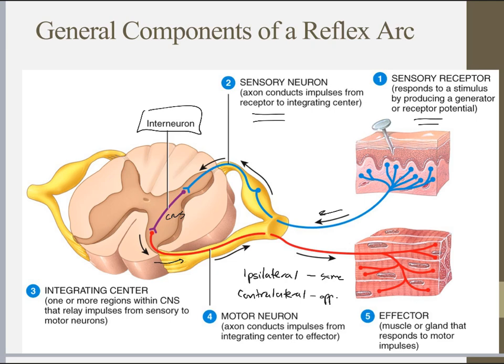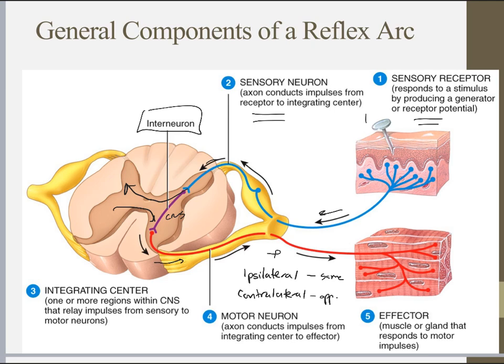So let's look at this reflex and decide if this is ipsilateral or contralateral. Look, the stimulus comes in on one side, it processes and travels through the same side. So this reflex happens to be ipsilateral. If it was contralateral, we would see information moving across the gray commissure to the other side, to the right side of the spinal cord.